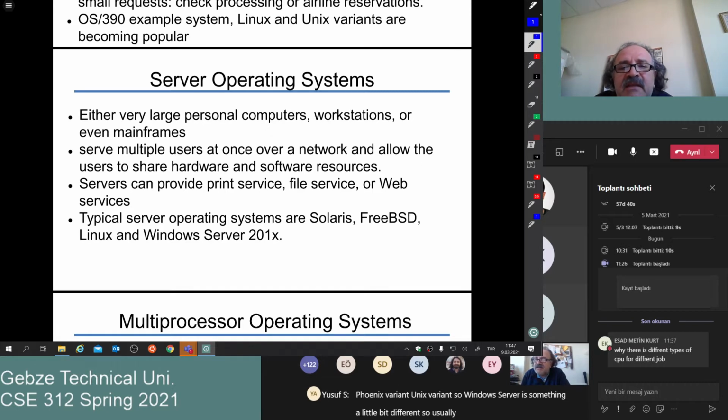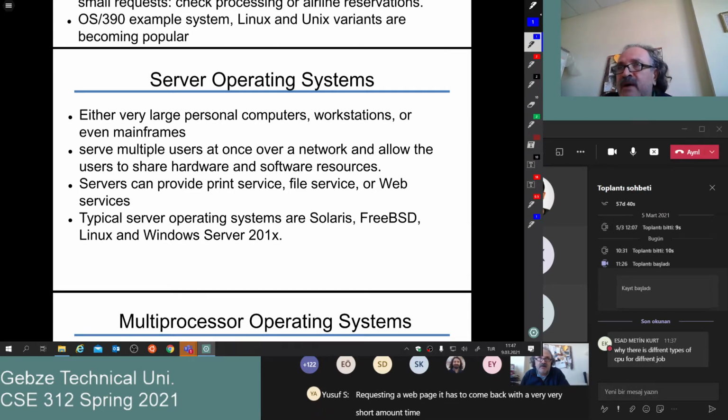Usually interactivity, of course, is important, but power management is not important. The important thing to satisfy here is that I need to meet the requirements of the clients in a very short amount of time. When I am requesting a web page, it has to come back in a very short amount of time.